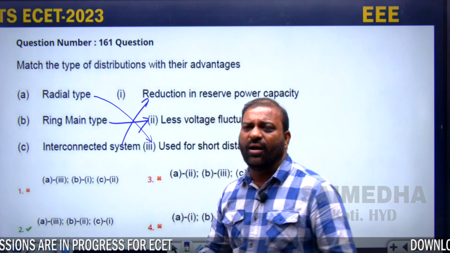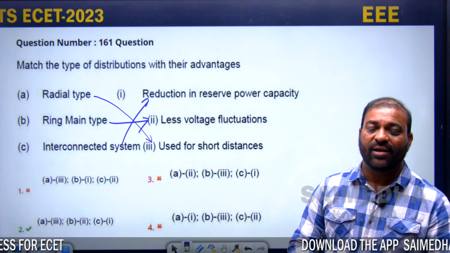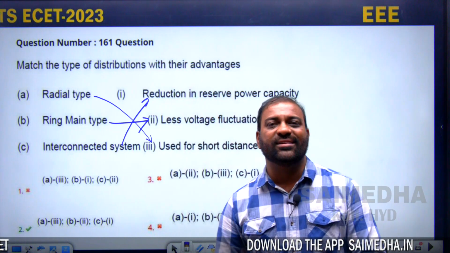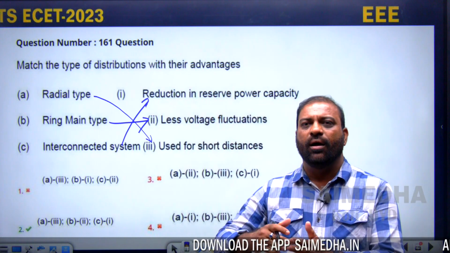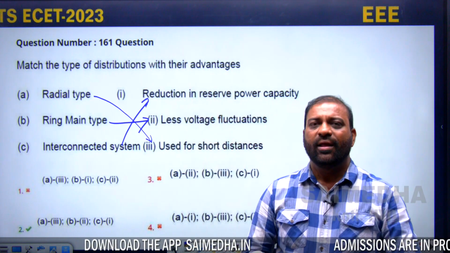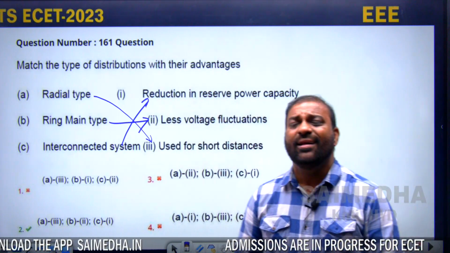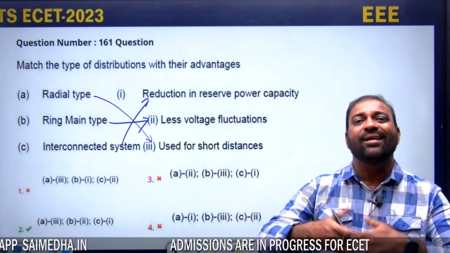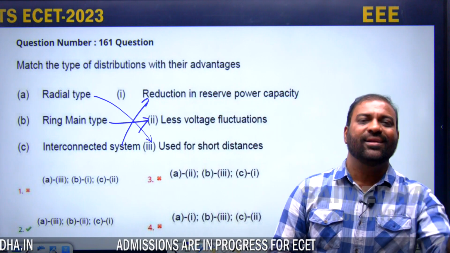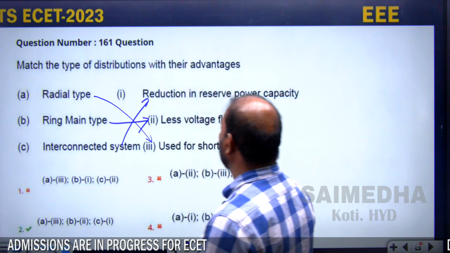Why? Because the system is supplied by two or more substations or generating stations. If there is heavy load on one substation, that will be supplied from the other substation. If there is heavy load on one power plant, it will be shared by the other power plant, so there is no need to maintain higher reserve capacity. That is the advantage of the interconnected distribution system.